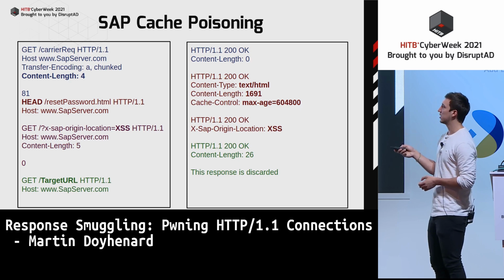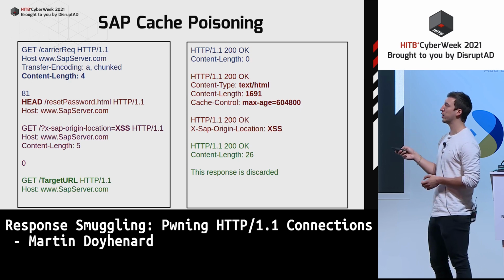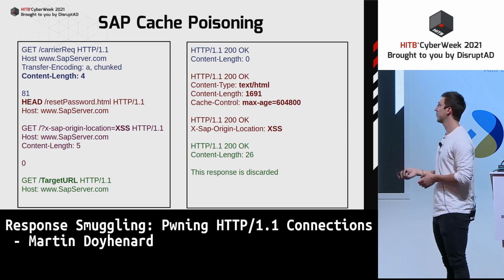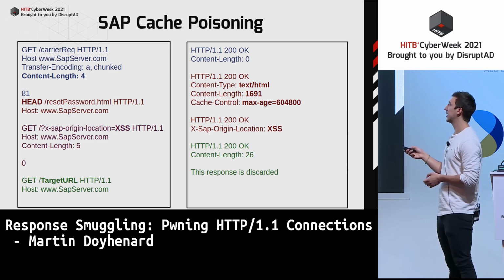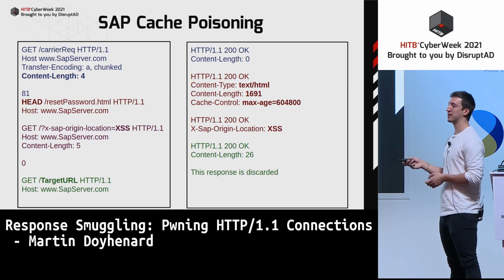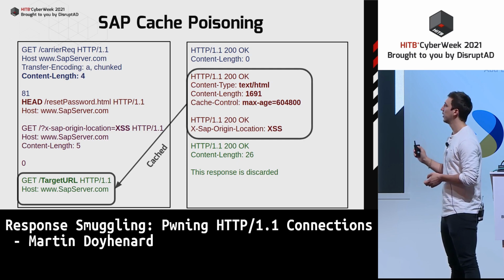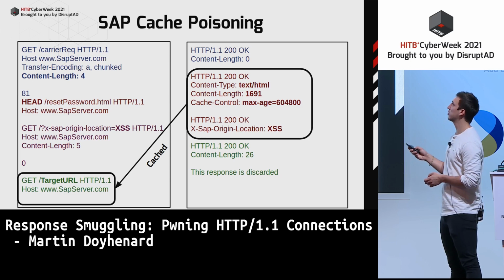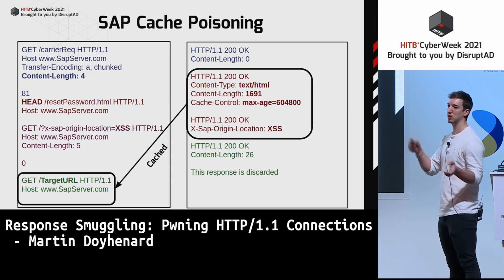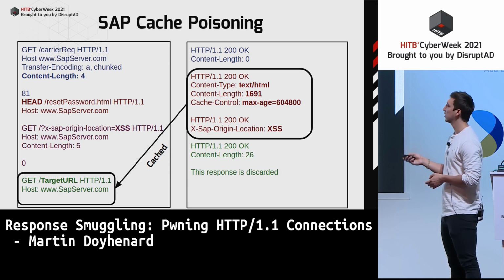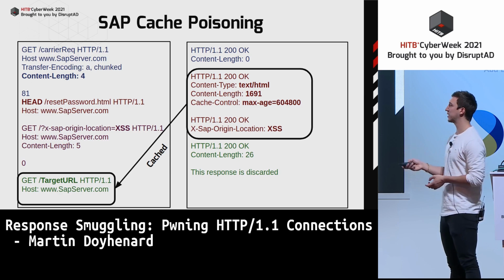The body is generated using this GET request that produces an XSS. And finally, the last response is the one to the target URL, which in this case will be discarded. Now, as I said, the first response is going to go back to the attacker, and the second response is going to be stored in the cache for the target URL.